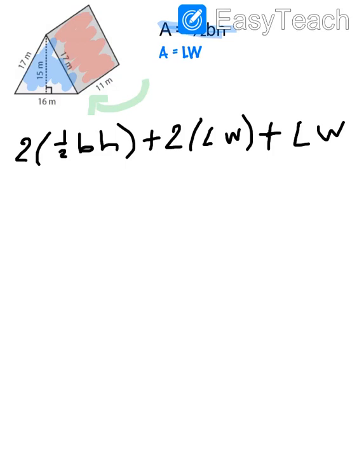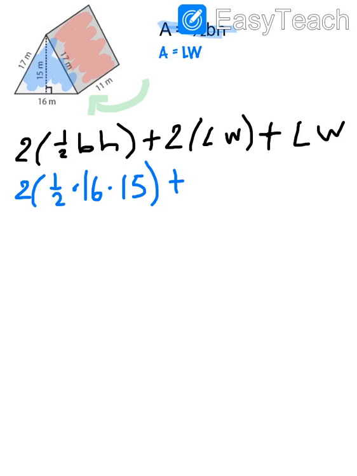Okay, trying to stick with the colors so that we can see what we're doing. We have a blue triangle, which is, there's two of them, and times 1/2. The base is 16 and the height is 15.